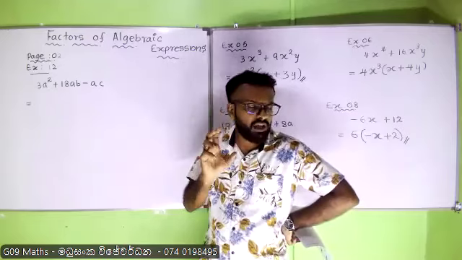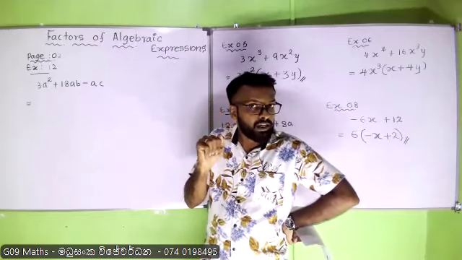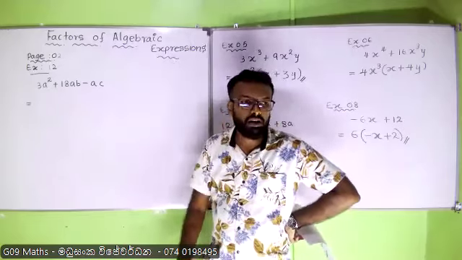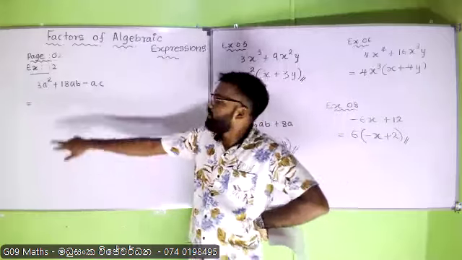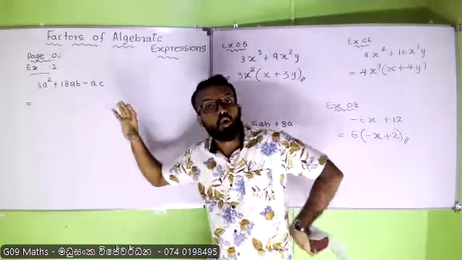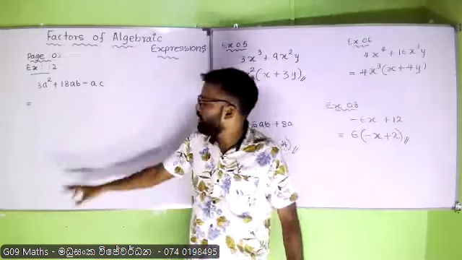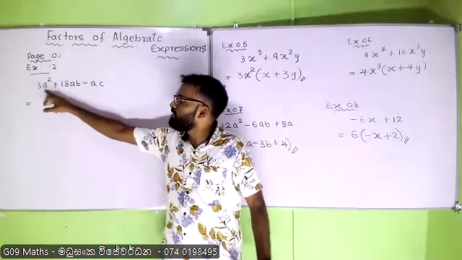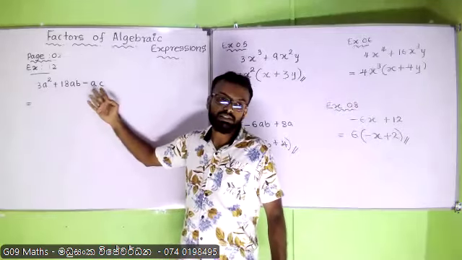So you are going to take a common term. Common means common. That should be common for all the terms that you have. 3 is common for only this one and this one, but not this.